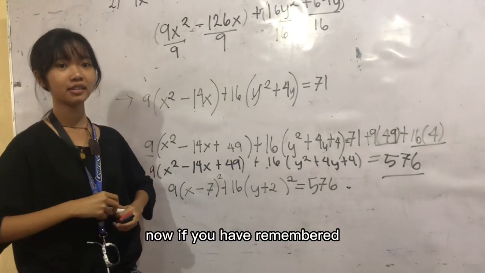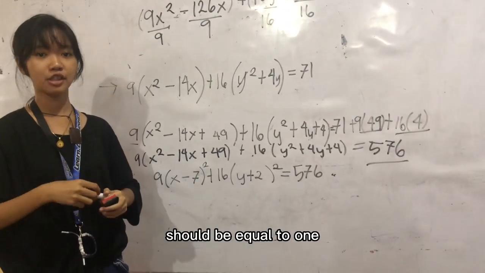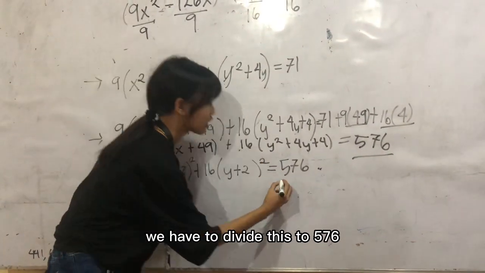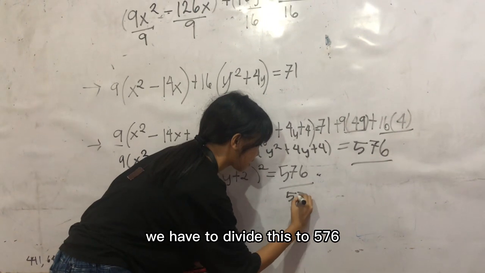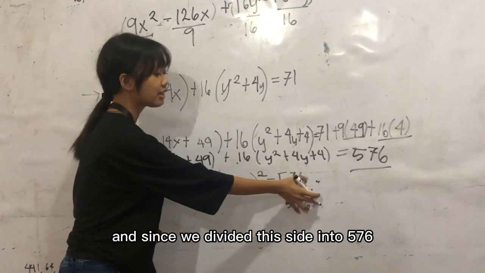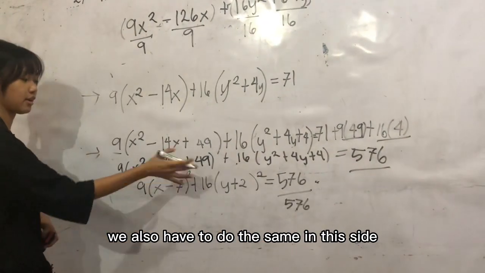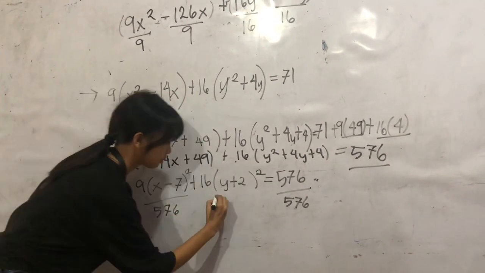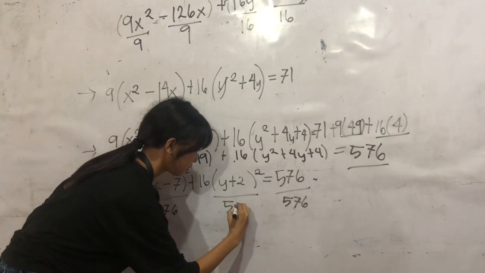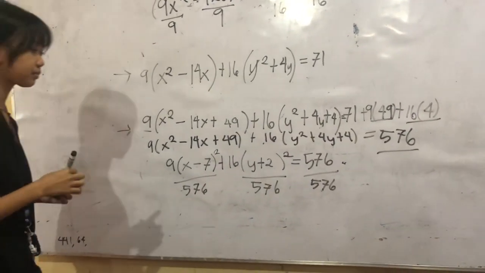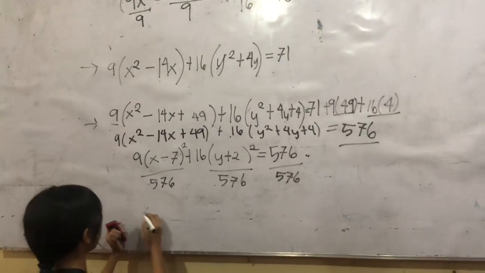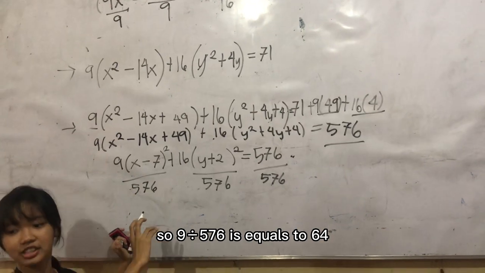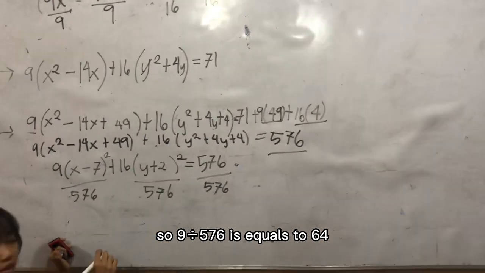Now, if you remember, the standard equation of an ellipse should be equal to 1. So, for this side to be equal to 1, we have to divide this by 576. And since we divided this side by 576, we also have to do the same on this side. So, 9 divided by 576 is equal to 1 over 64.